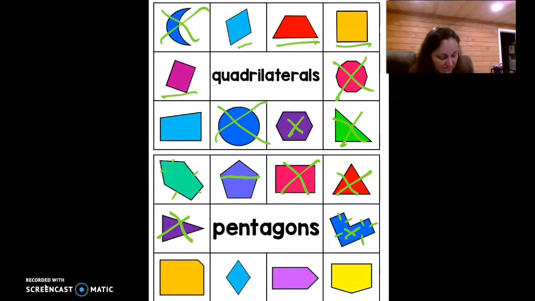Then I have, see this one trying to be sneaky? Oh, he's got a little corner right there. 1, 2, 3, 4, 5. This one is, nope, 4 sides. This one, again, it's a house laying down. He's a good one. And this one, he's a house upside down. So he is a good one.